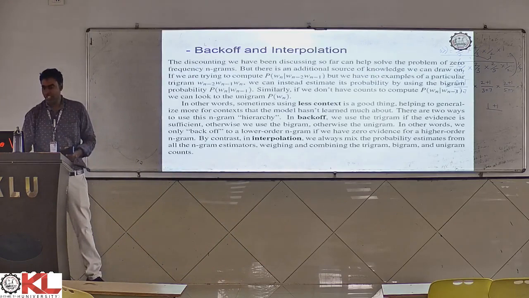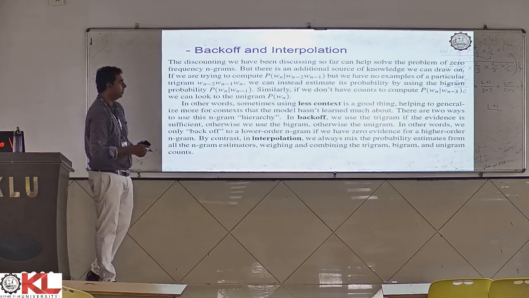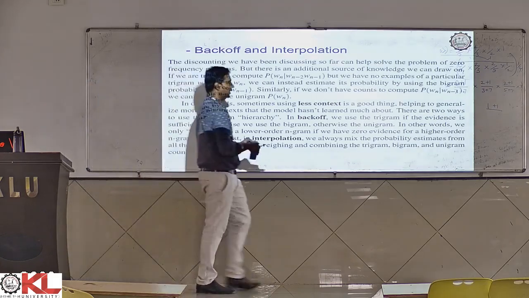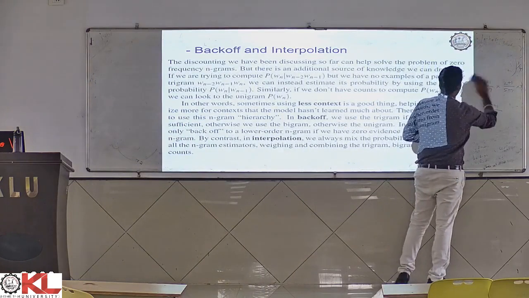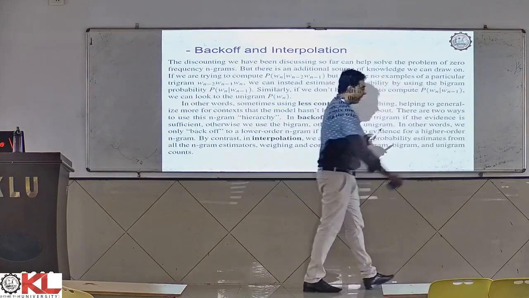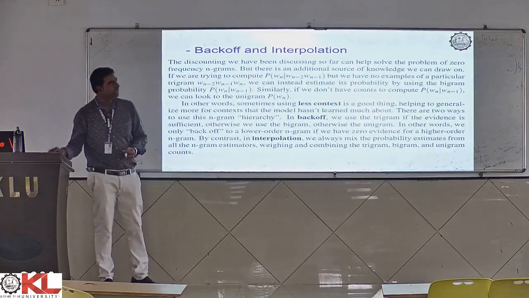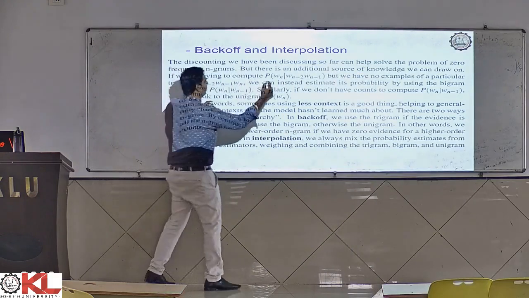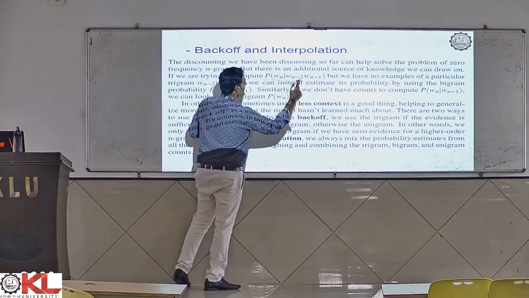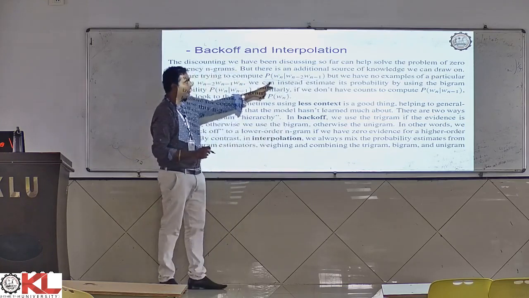The next one is the backoff and interpolation method. So what is meant by the backoff method? Suppose we are trying to compute P of w_n given w_{n-2} and w_{n-1}. Which model are we using?